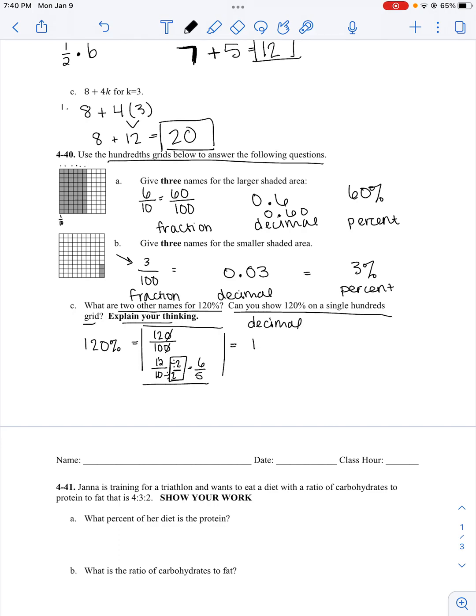I could write it as a decimal. I take 120%. I drop the percent sign. My decimal's here. I'm going to move my decimal 2 places to the left to get 1 and 20 hundredths. This is the same thing as 120 divided by 100.